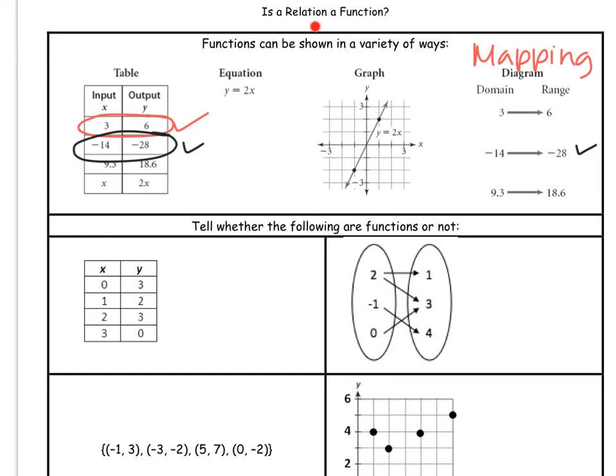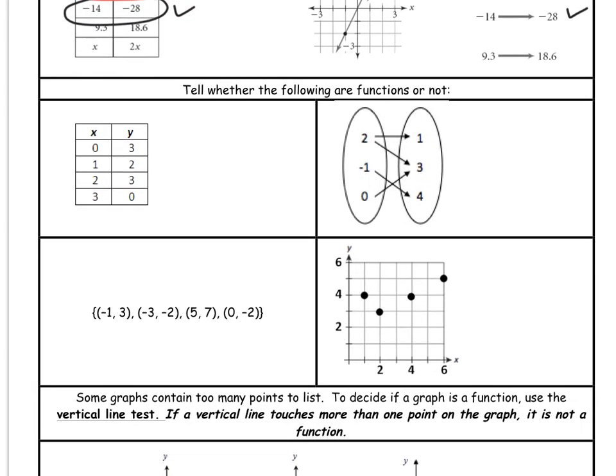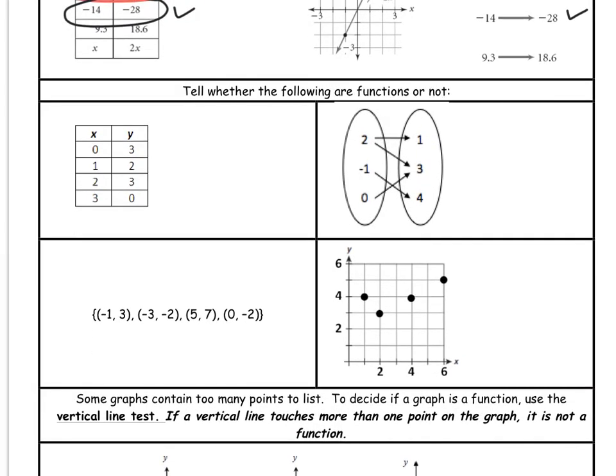So how do I know if this relation, which is a set of ordered pairs, is a function? Let's take a look at these 4 examples down here. When I'm determining whether a set of ordered pairs is a function or not, I have to look at my list of inputs, my domain, or my x values. You have to ask yourself this question: are all of the x values unique?